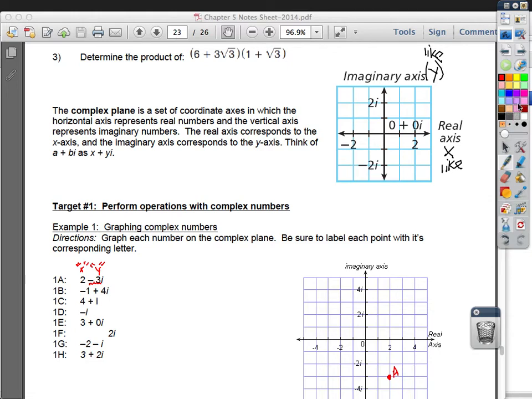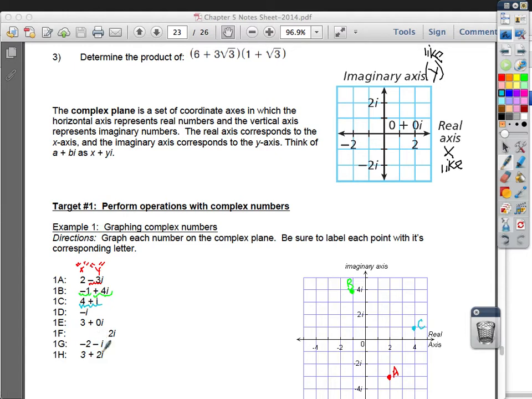What should I go with next? So many choices. Let's go lime green. For B, you're going to go back 1 on the real axis and then up 4i on the imaginary. Oh, that's so pretty. Oh my, this is so much fun. Take a look at C. Go over 4 on the real axis, and then that's 1i, so go up 1. Put a dot there, C.